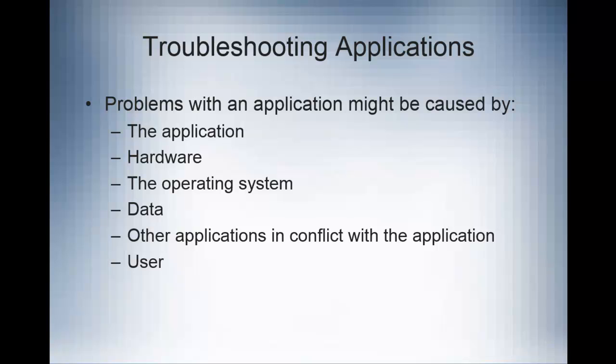Then step four is to consider any type of outside interference, such as a virus. You may have an unknown virus on the computer that's causing that problem, or the application itself may have brought in a virus. Your system resources might be low. Maybe you don't have enough memory to run everything else as well as that application.